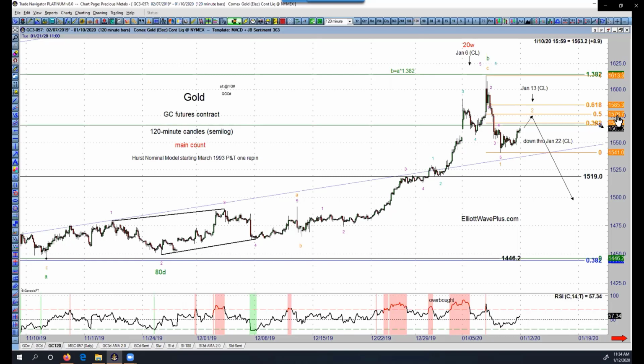Somewhere between 1576 and 1585 would be most typical for a wave 2. That'd be a wave 2 in orange. Orange is sub-minuette degree. And as you can see, Hurst doesn't think there's much more than maybe another day of upside in gold, and then it continues on lower. So there's gold.